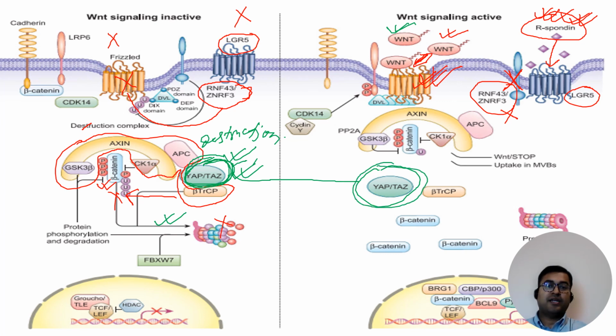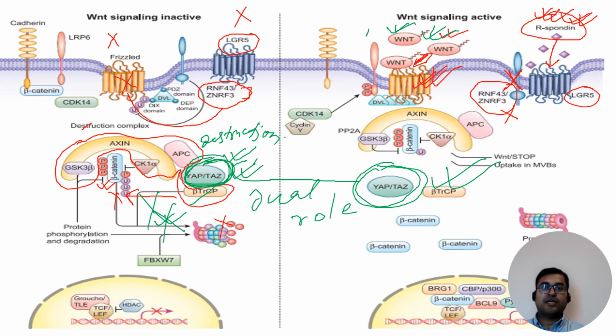In the absence of Wnt ligand, this YAP/TAZ inhibits the Wnt signaling pathway. In the presence of Wnt ligand, this YAP/TAZ actually activates the Wnt signaling pathway. So this YAP/TAZ is known to have dual role in Wnt signaling. In the absence of Wnt ligand, YAP/TAZ acts as the component of destruction complex and inhibits the Wnt signaling pathway.